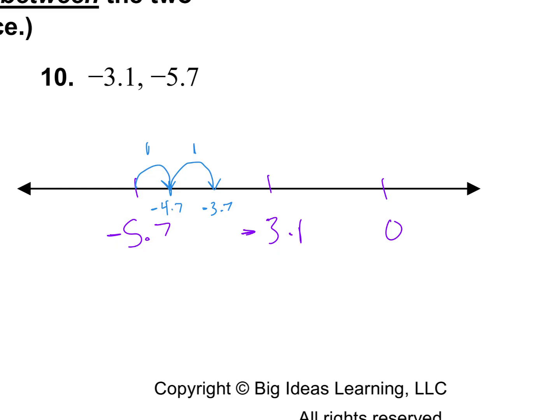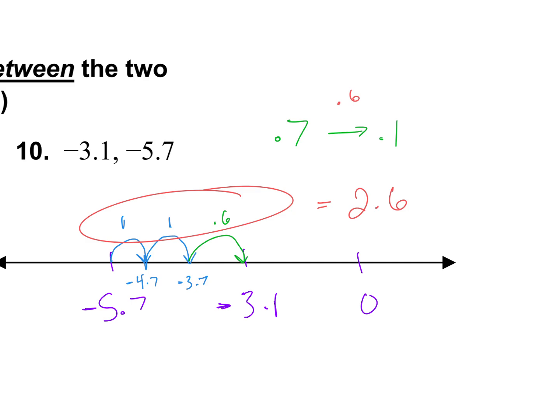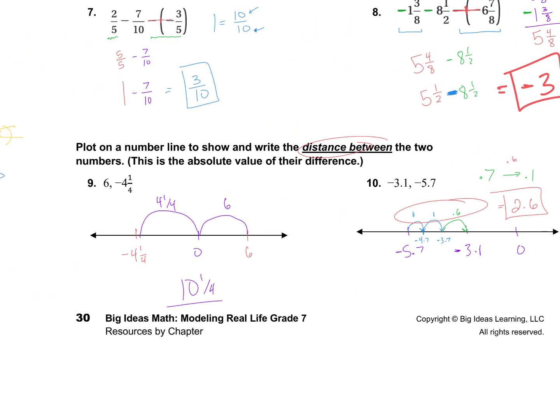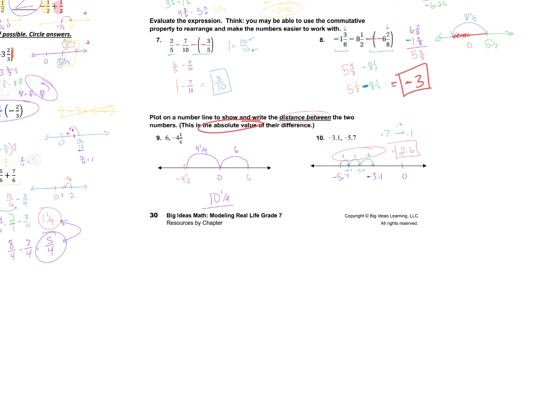So then how far do we need to go to get from here to here? Now I realize my visual is a little messed up, but we just have to go a distance of 0.6. Right? To get from 0.7 to 0.1 is just a difference of 0.6, right? So now we just add that up, and our answer is 2.6 is the distance, which is the absolute value. Hey, we're done.